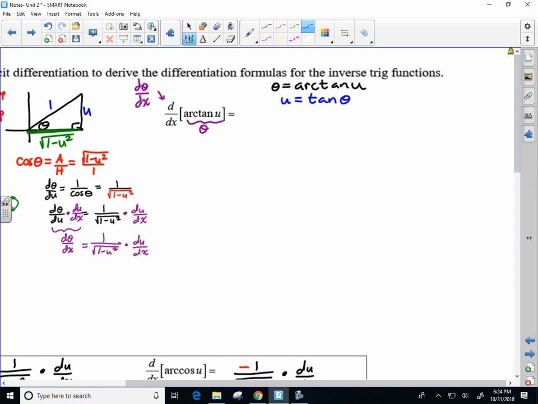All right, so I am taking the tangent of both sides, but I'm not showing that I'm taking the tangent of both sides. Then I take the derivative. du d theta would be equal to secant squared theta.